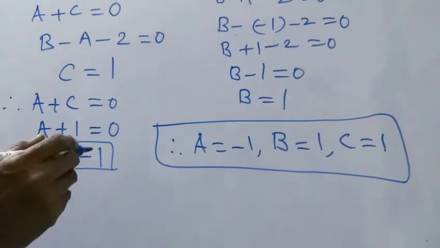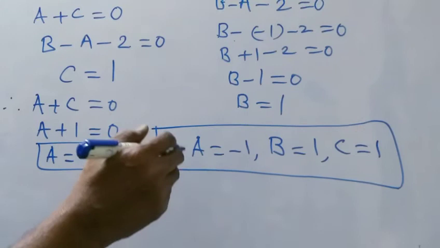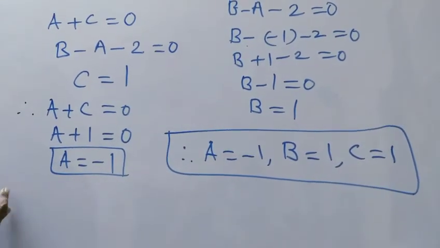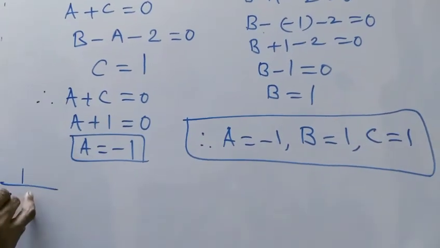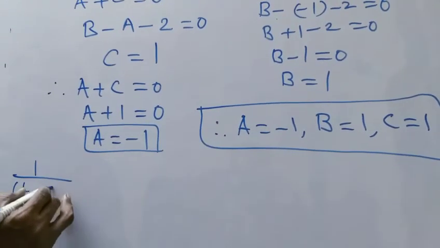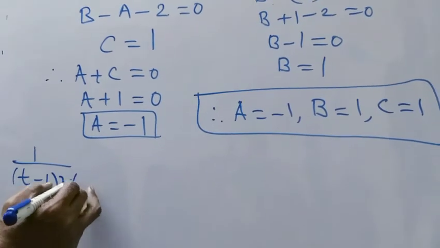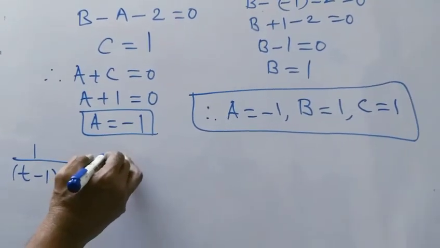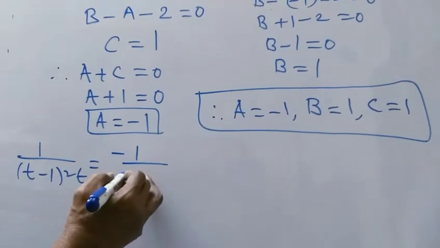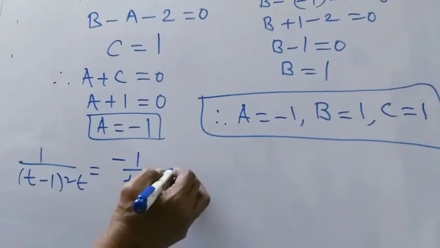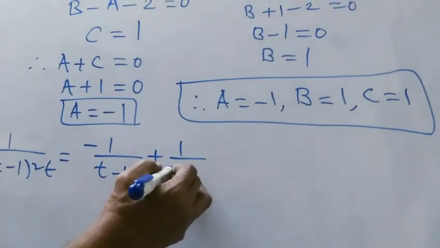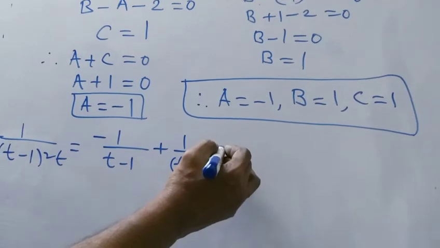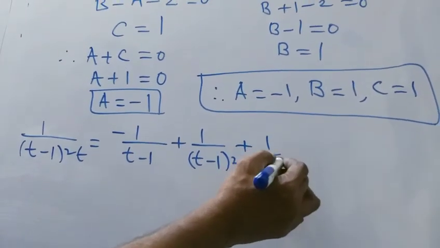On substituting a value, b value and c value, 1 by (t minus 1) whole square into t is equal to minus 1 by (t minus 1) plus 1 by (t minus 1) whole square plus 1 by t.